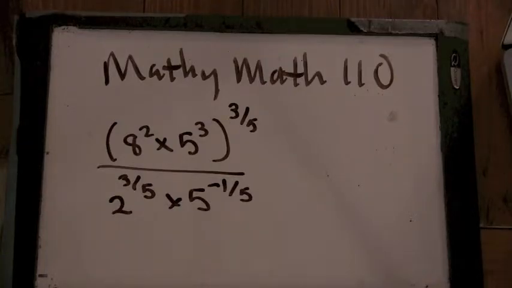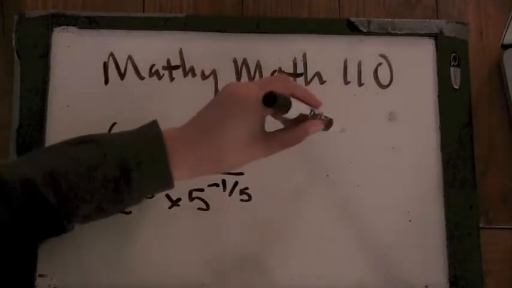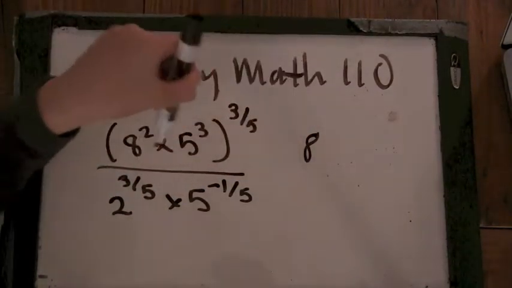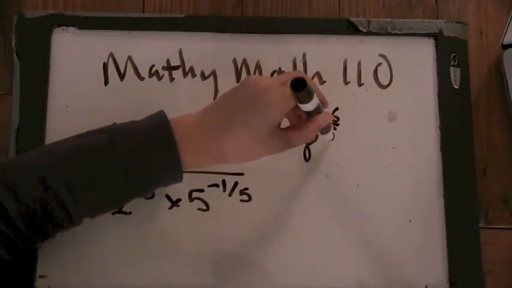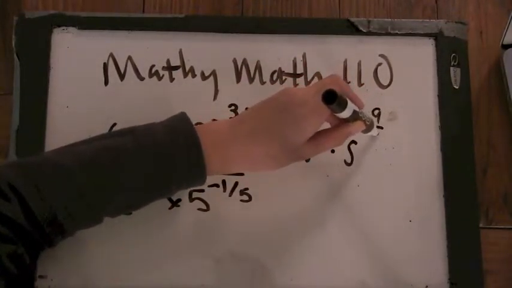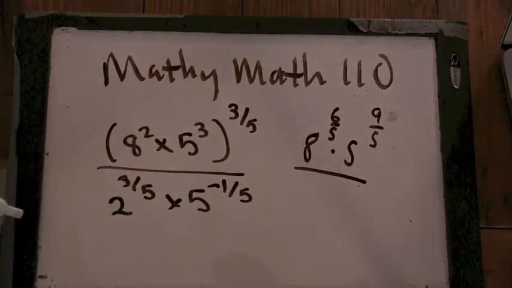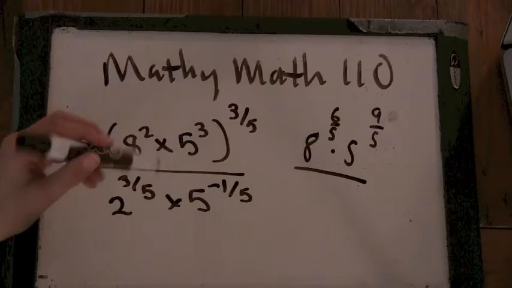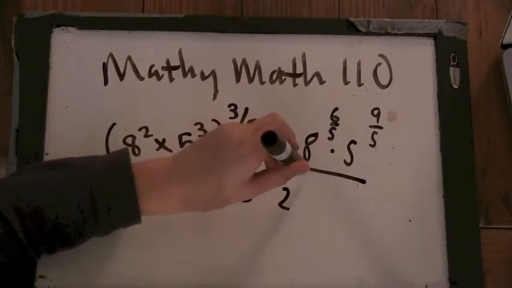Well, I'm just going to work out the top first. It's 8 to the 6/5 times 5 to the 9/5. Okay. And then we have over, well, I can say this is 2 to the 3/5.